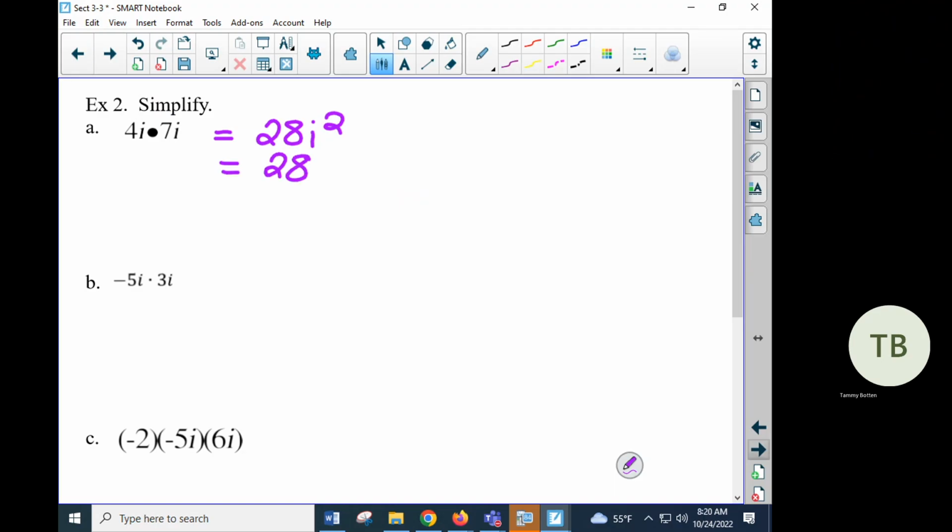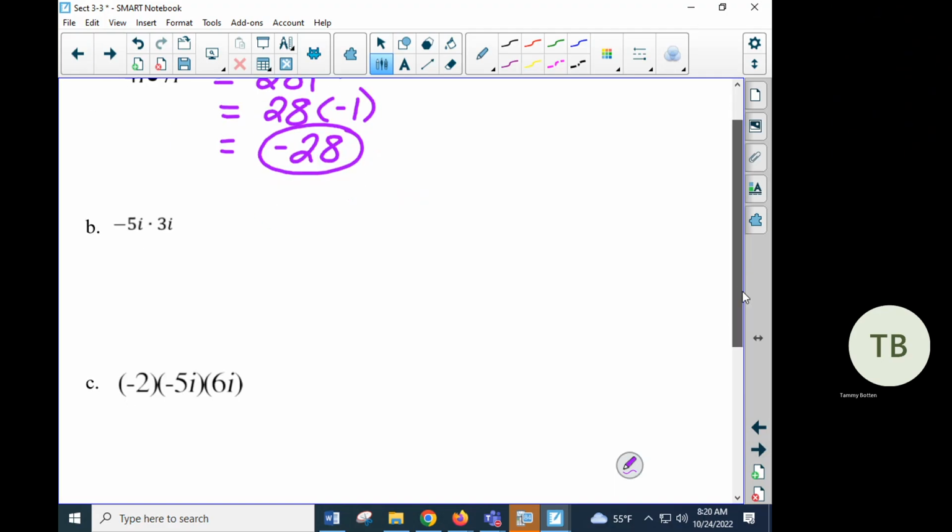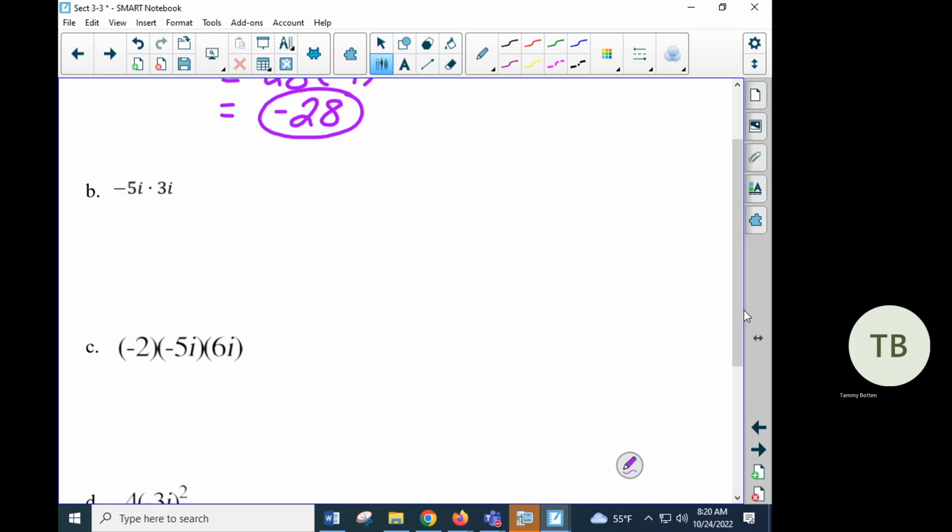So this is really 28 times the -1, which is -28. Then if I look at this next one, I have a -5 times 3, which is -15. I have i times i, which is i squared. Now, i squared is a -1. -15 times a -1 is 15.